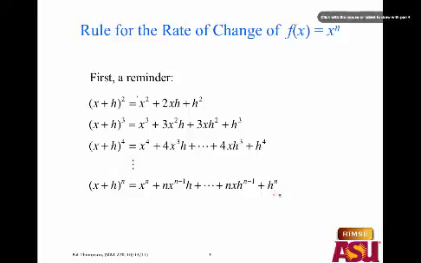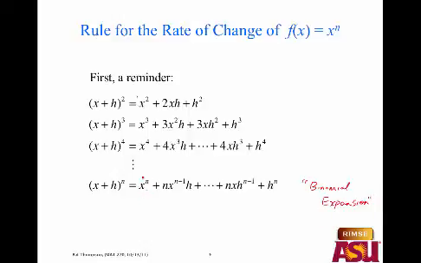So that's the pattern for these. This is called the binomial expansion.